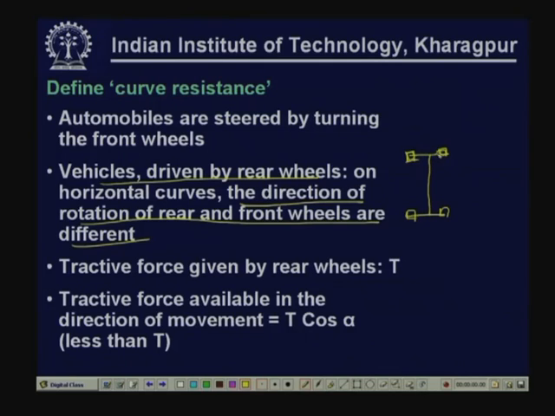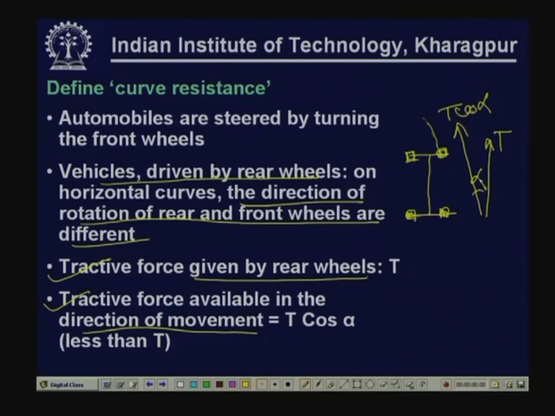So, the tractive force given by the rear wheels is T, but the tractive force available in the direction of movement is T cos alpha, if the turning angle is alpha. The whole T is not available in the direction of movement, only T cos alpha is available.